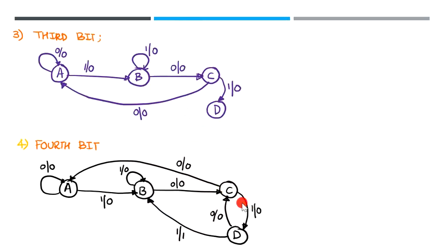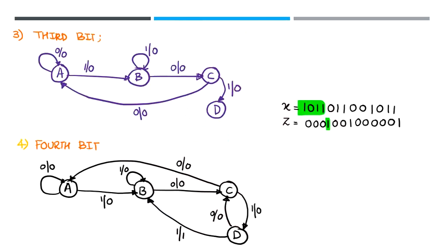Now when you're checking for the fourth bit, that is the last bit, you need to observe what are the possible changes. So let me consider the sequence. When you are in state D, it implies that the sequence 1 0 1 has been correctly detected. That is, the first 3 bits are correctly detected. Now when you want to make a transition or check for the fourth bit, you need to check whether the fourth bit is equal to logic 1.